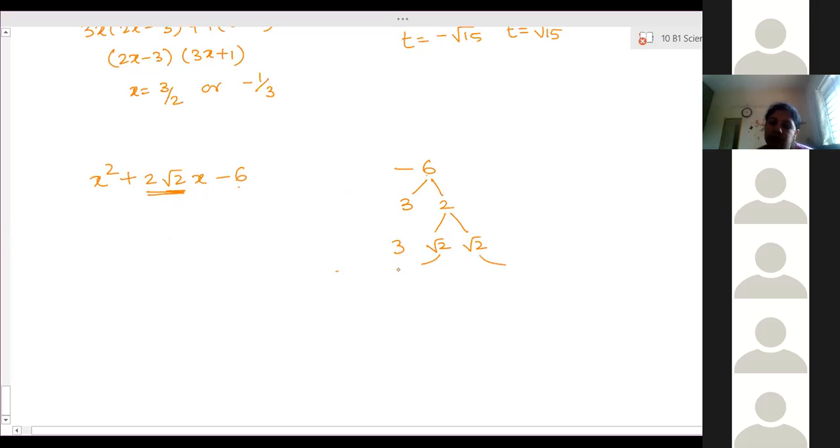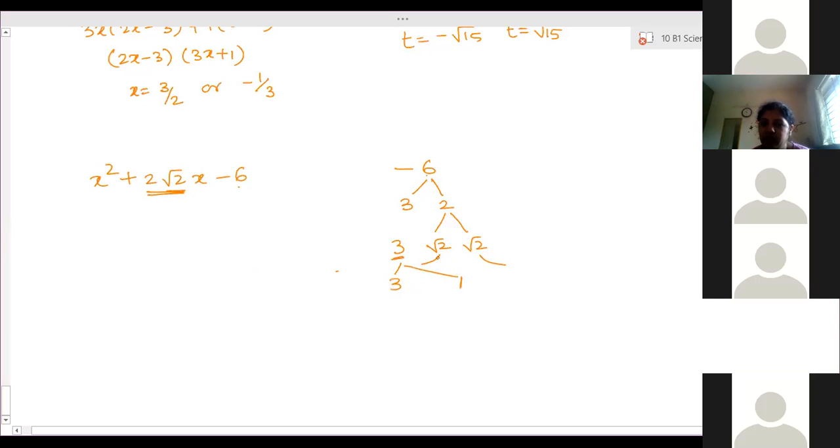Here, whose difference is 2? Root 2 and root 2 will go on the other side. Now write 3 as a product whose difference is 2: 3 root 2 minus root 2. 3 and 1 have the difference 2, so 3 and 1 are the two factors of 3.